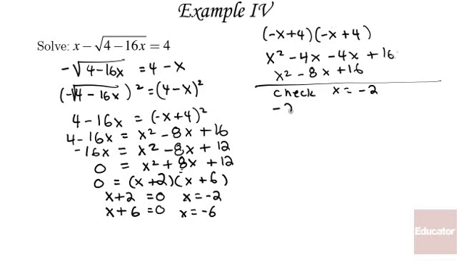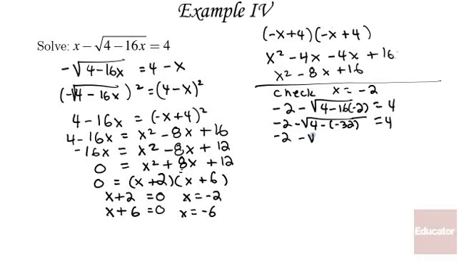So that's going to give me negative 2 minus the square root of 4 minus 16 times negative 2 equals 4. 16 times 2 is 32, so this is negative 32.